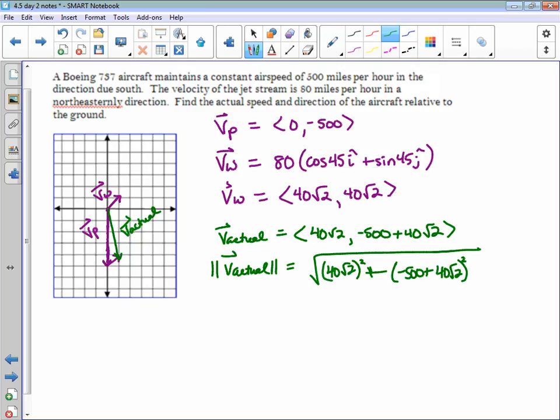Let's go to 10. What are you guys getting? So we'll go 447. So that means the speed of the plane. And Grace, I'll come look at yours in a second. It's 447 miles per hour. Okay.